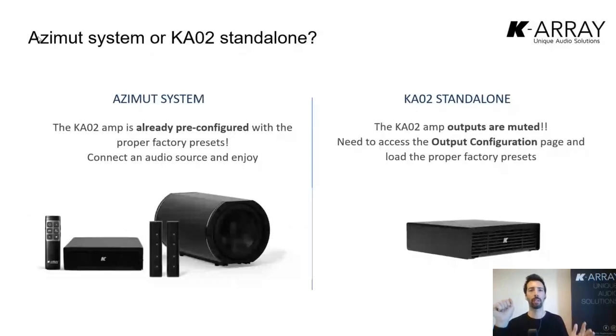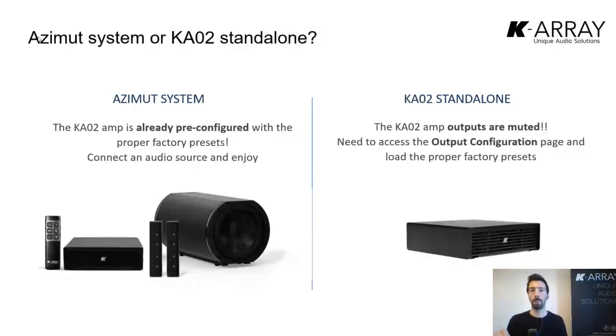If you order one of these Azimuth kits, the amplifier is already pre-configured, meaning that the presets are already loaded, the outputs are already open, the inputs are already open. You connect the amplifier to the speakers, you connect your mixer to the amp, you start playing music, done.